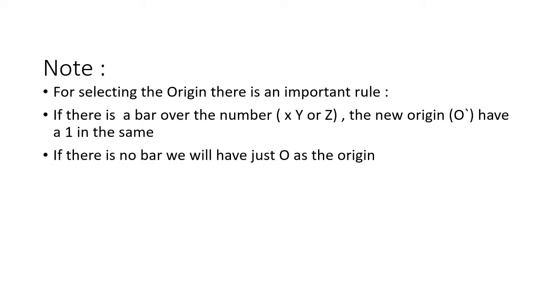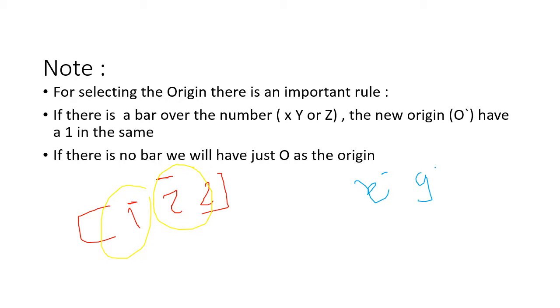For example, we have 1 bar and 2 bar, and we have 2. Look, because we have a bar here and we have a bar here, we cannot select origin O. So what can we do? We have to select a new origin. So we will have x prime, we will have y prime, and we will have z prime.